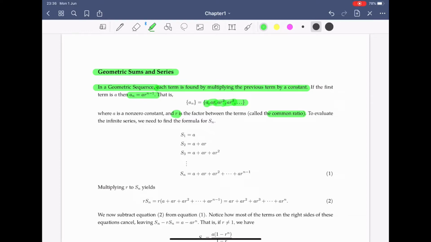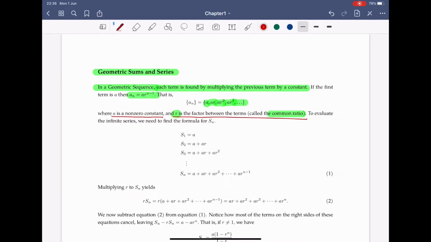Do you remember this from high school? You have the first term called a1 or a. This is your first term, and then each time you multiply your previous term by the common ratio r. That is how a geometric sequence works.